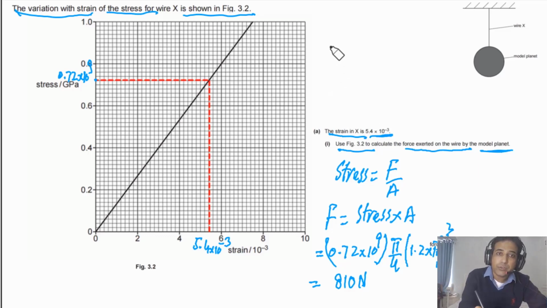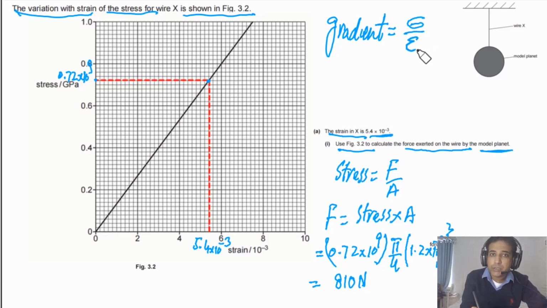You can also calculate this question by calculating the gradient. We can take one point here, or any other point. The gradient in this case will be equal to the Young modulus, because gradient is equal to stress over strain. So we can find the value of stress, sigma, which will be equal to gradient times strain.